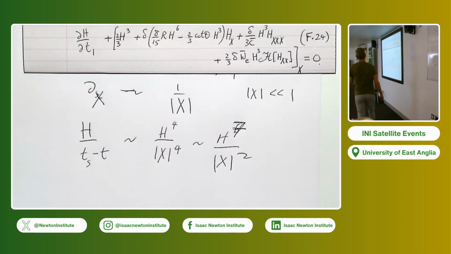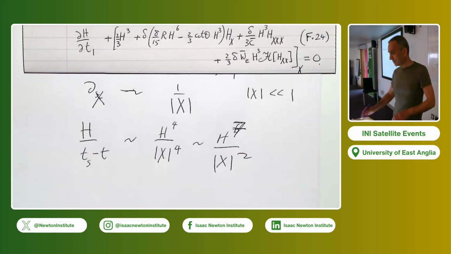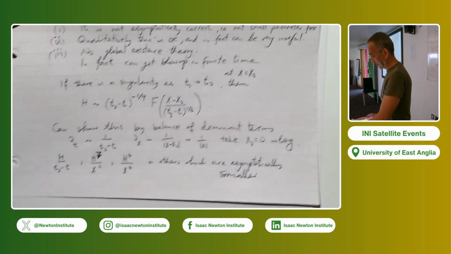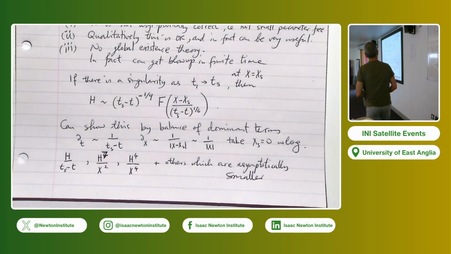Okay? So what do I have? 3 terms, right? So I can put this equal to that, 3 balances, and put this equal to that, and that equal to that. So I've got 2 equations and 2 unknowns. What are the unknowns? H and absolute x. And I can solve in terms of Ts minus T. So if I do that, that's exactly what I was showing there.